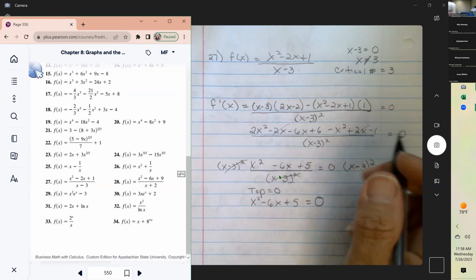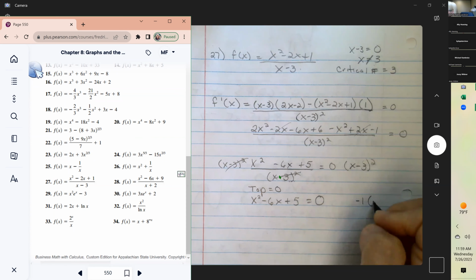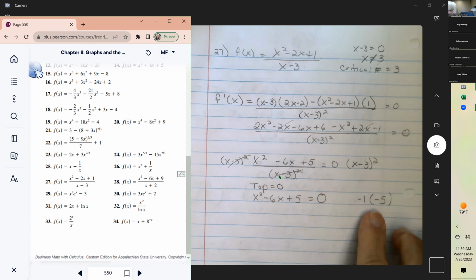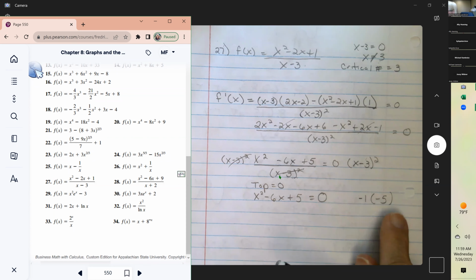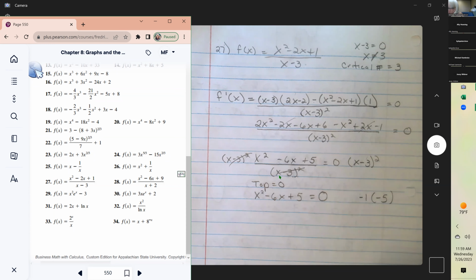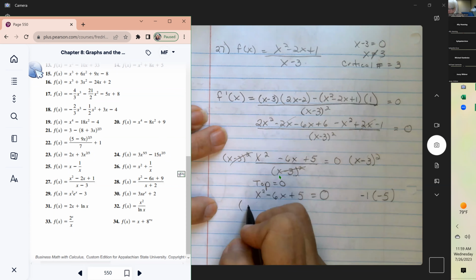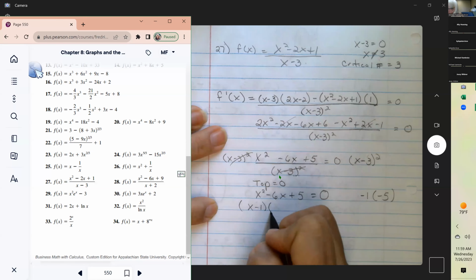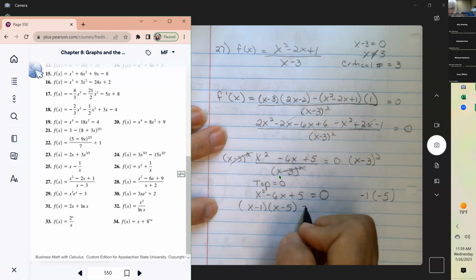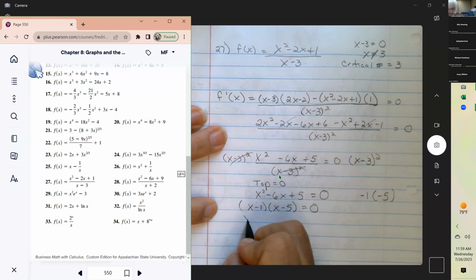This will factor as -1 times -5. When I multiply, I get the +5. When I add, I get the -6. But you could also use the quadratic formula, setting them each equal to 0.